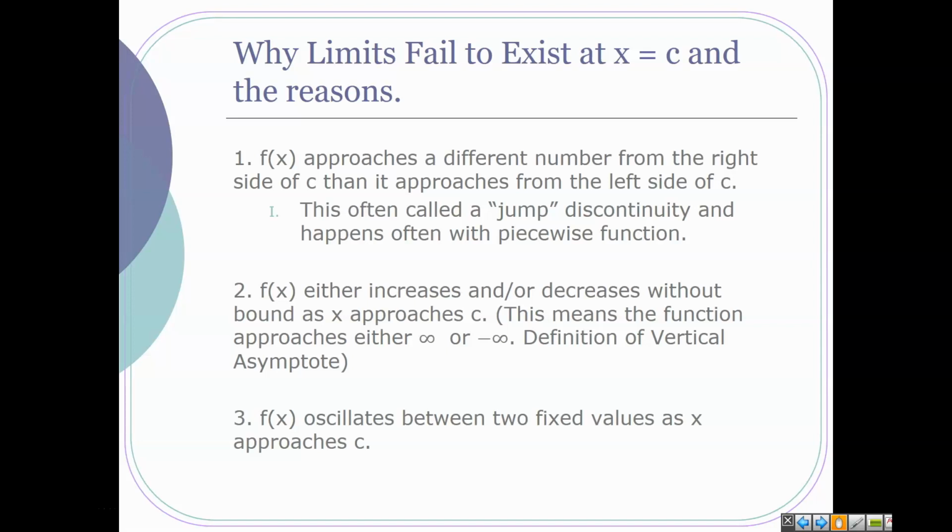Another example would be if it's increasing or decreasing without bound. That's an example of a vertical asymptote. A vertical asymptote will be where a limit does not exist. And an oscillation. And we're going to talk about 3 and 2 and 1 all today.